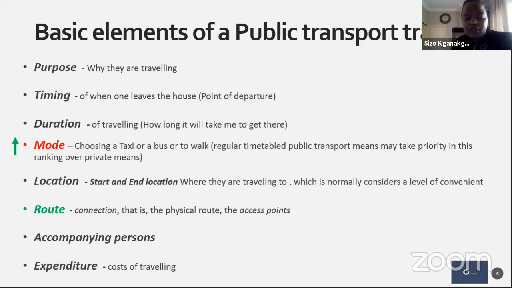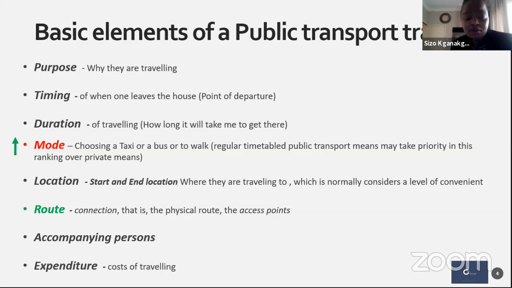When you look at the public transport traveler view, purpose, timing, and duration are still the most important, but then the mode becomes slightly more important in terms of choosing which mode I'll be using to travel, followed by location in terms of where am I now and where do I want to go, and then the route.